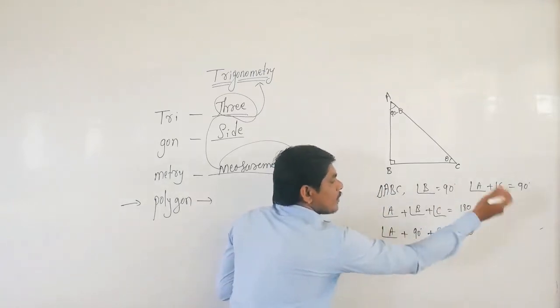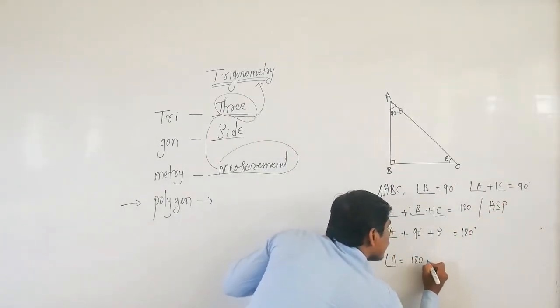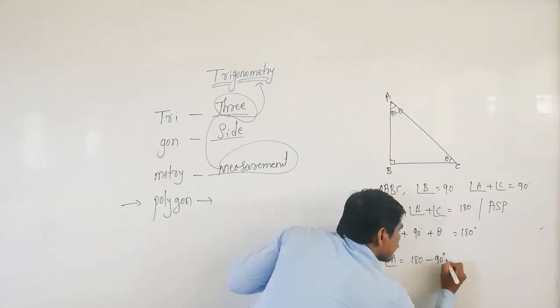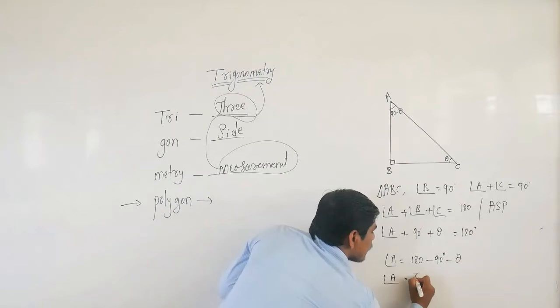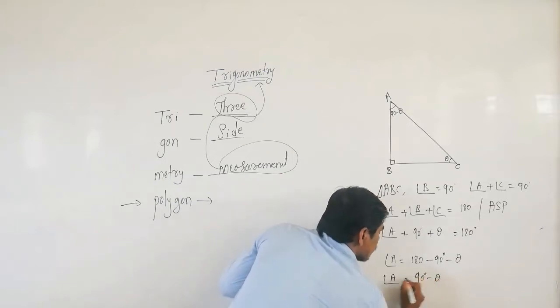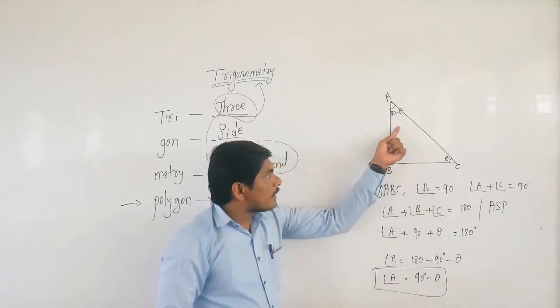Take these two terms to the other side and simplify it, then angle A is 90 minus theta. Now angle A is equal to 90 minus theta.